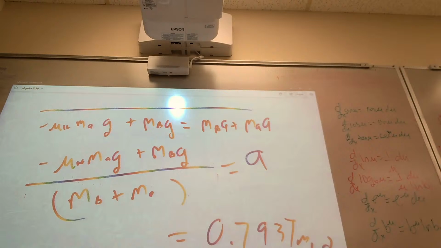This is what you get. All right, now we're just using our old uniform acceleration equations to get our speed.